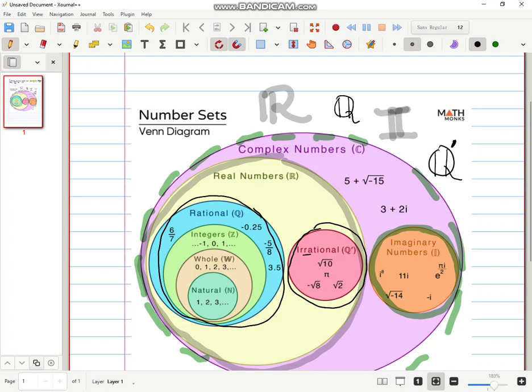Irrational numbers are numbers that are written like this, right? The square root of 10, square root of 2, negative square root of 8, or pi. Basically these are the numbers that you get as 3,0146 and so on, the numbers that have commas that go on and on and on.